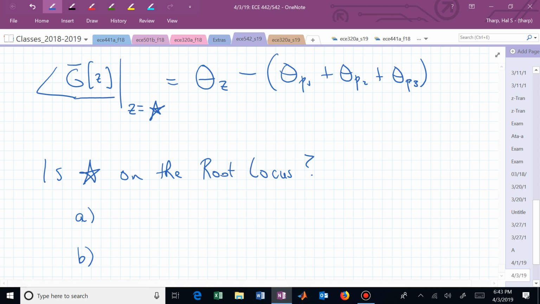Is this an easy question to answer? If you've now computed the net angle, the algebraic sum of these four, what are you really looking for? One option would be if the angle of G bar of Z was equal to minus 180 degrees. What would you say would be your answer to that question? Is star on the root locus?